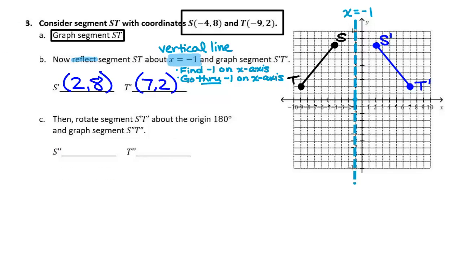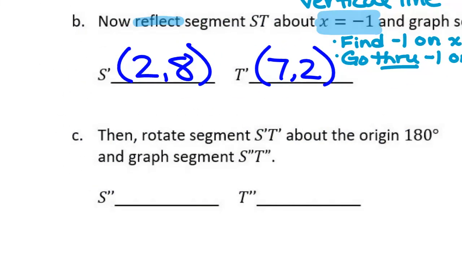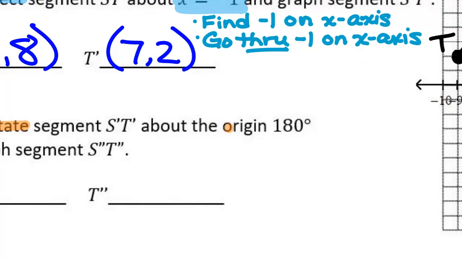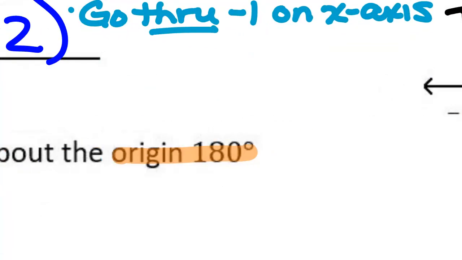And now what does it want me to do? Rotate it 180 degrees. And then graph that segment as S double prime, T double prime.